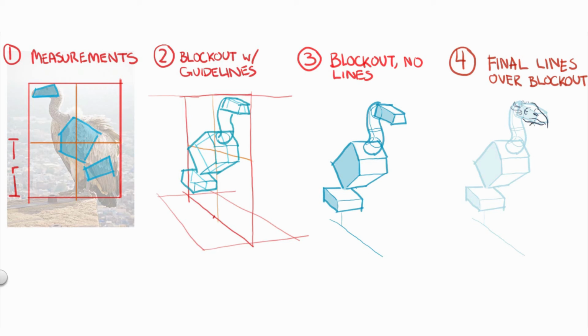These texture lines that I'm indicating here for the neck feathers serve two purposes. They help flesh out what the volume is going to be, while also indicating what that material is. Those heavy cast shadows underneath those neck feathers again show that there's some volume there.